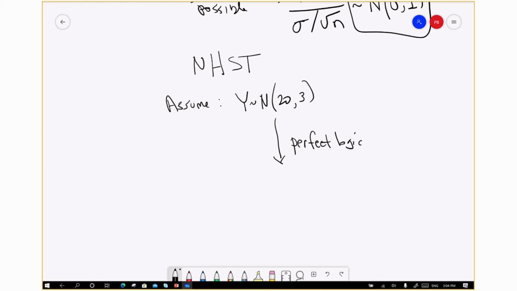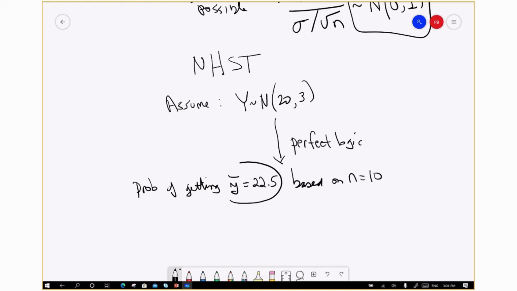With our perfect logic, we discover that the probability of getting the Y bar that we actually observed, which was 22.5, based on n equals 10, a Y bar this large or more would be minusculely small.